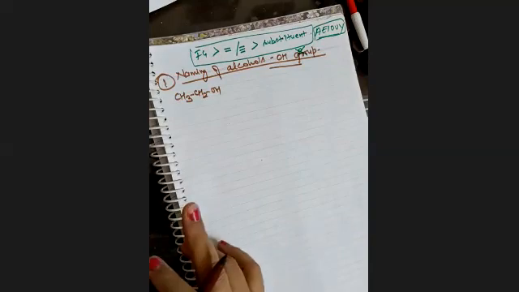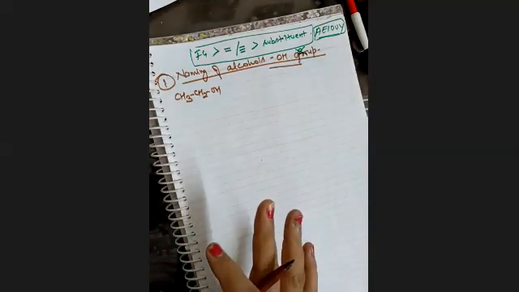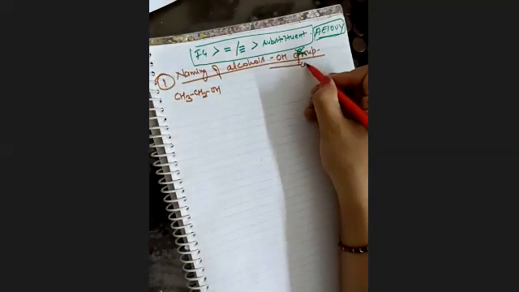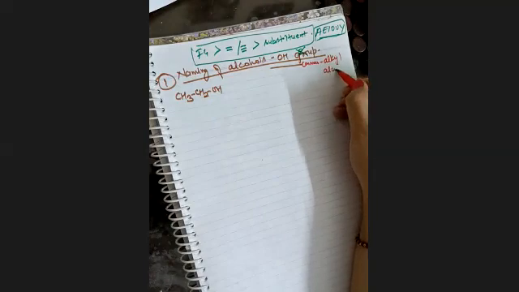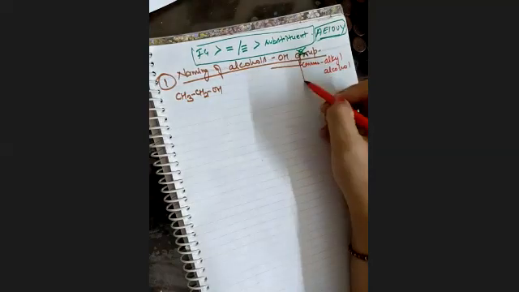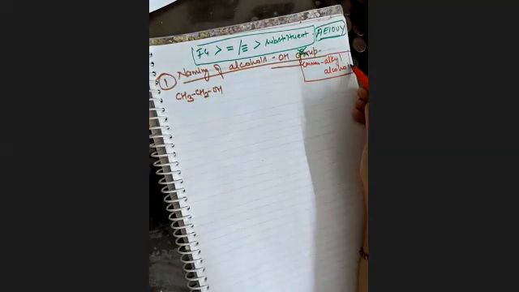I will teach you both the things, common name as well as the IUPAC name. Okay. So common name for alcohols which we used to write is, common name is alkyl alcohol. Okay. This is the common name.